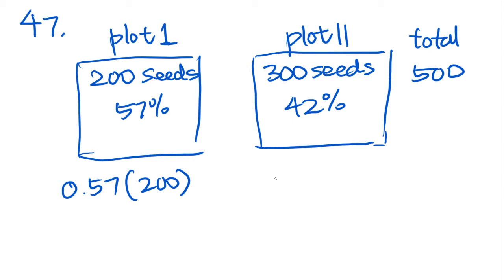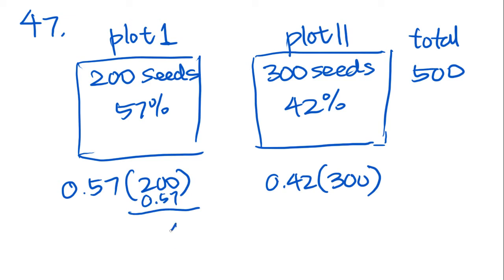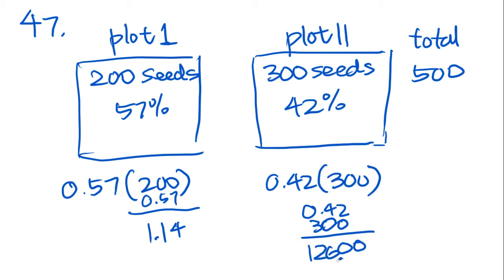Over here, you'll take 0.42, multiply that by 300, and let's figure out what that is. 1.14 here, and then on the right you have, I think I messed up here on the math. I think it should be 114.